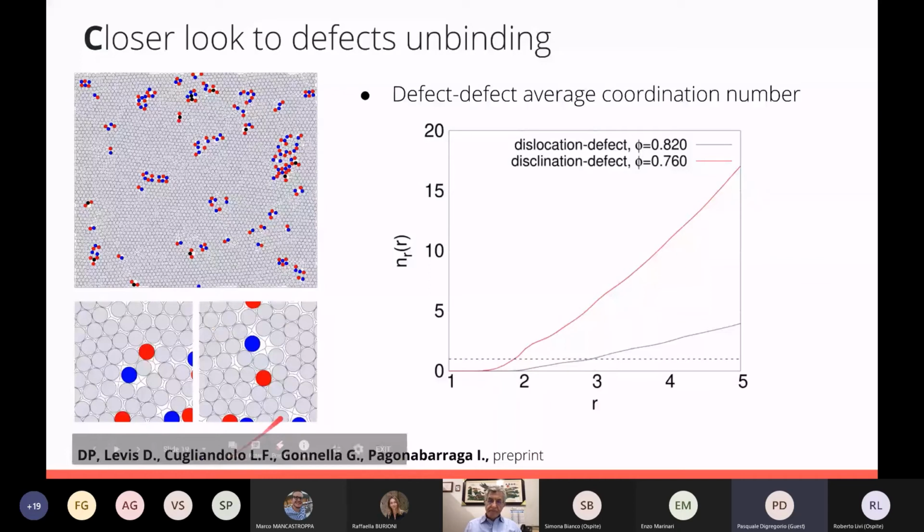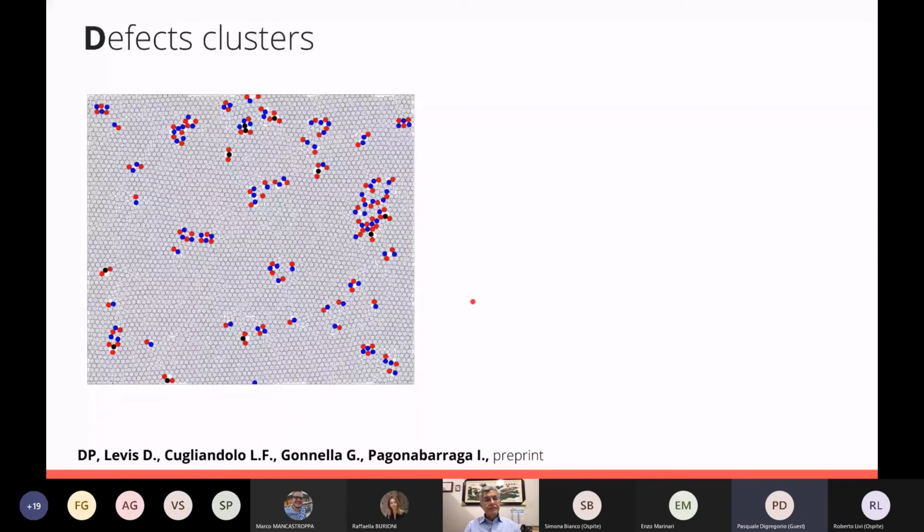So the natural question that arises is whether there is any other mechanism involving defects associated with the liquid-hexatic phase transition. Well, the answer to this question is yes, and this mechanism is associated with the presence of these extended clusters of defects.